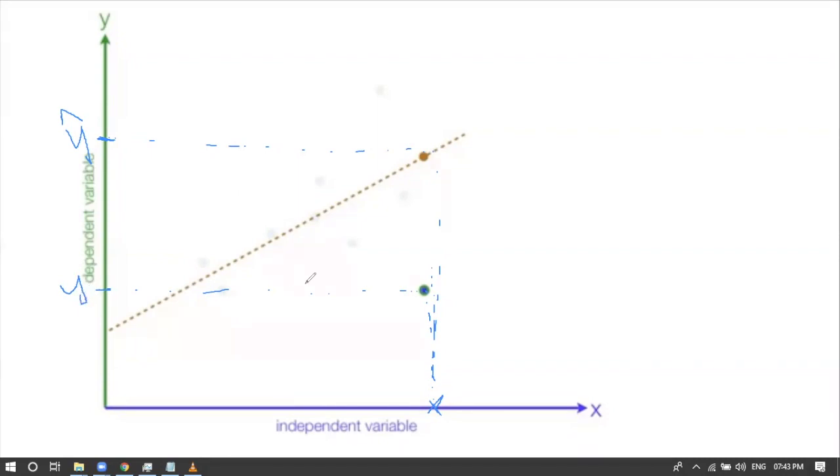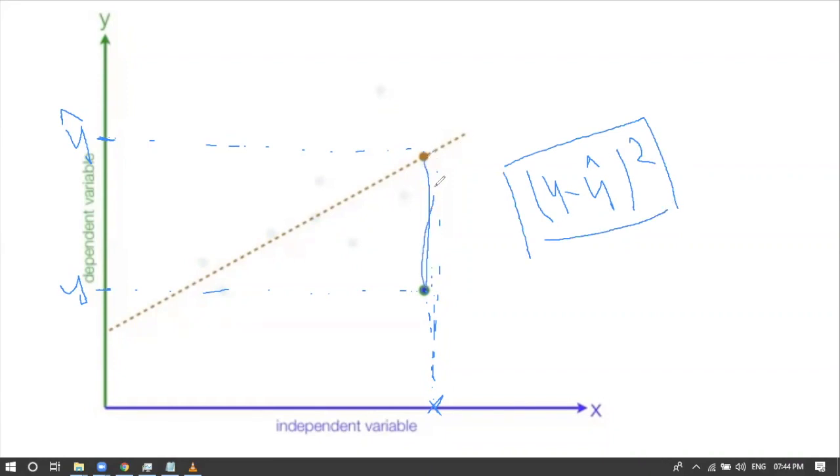And sum of squares means we just subtract y minus y hat, which will give you the difference between both the answers, and the square of it. This will give you the square of the error. Like this is your error. The distance between these points is your error, and the square of it is the square of errors.